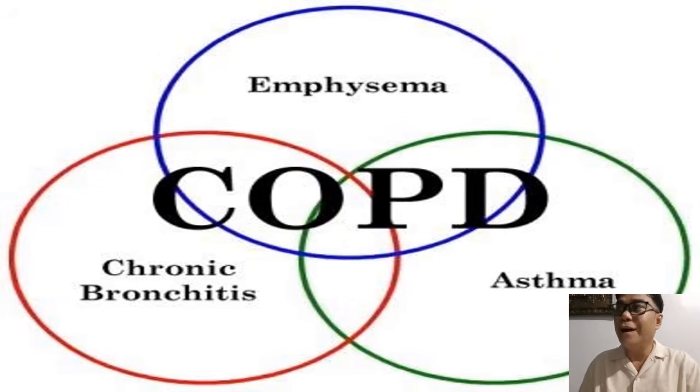What else? Another group of medication that could be given for patients with COPD are steroids. Steroids could be given to promote lung expansion, and we could also use the anti-inflammatory effect of steroids.